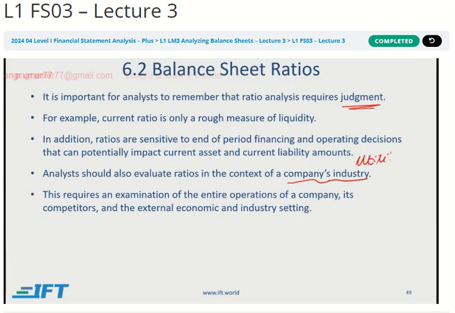Industries like utility companies, which have very stable revenues, like electricity generation and distribution companies, will tend to have higher debt on their balance sheets because their customers are captive customers. They're buying electricity from them. Very, very stable business. However, technology companies should have lower debt to equity ratios. So all of this requires judgment. You have to see the context of the company and its industry before you can do your analysis.